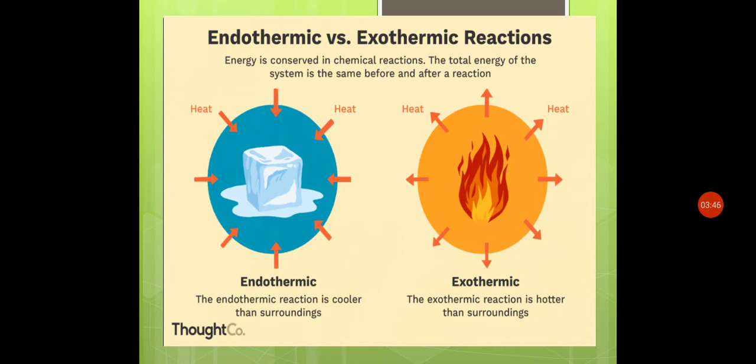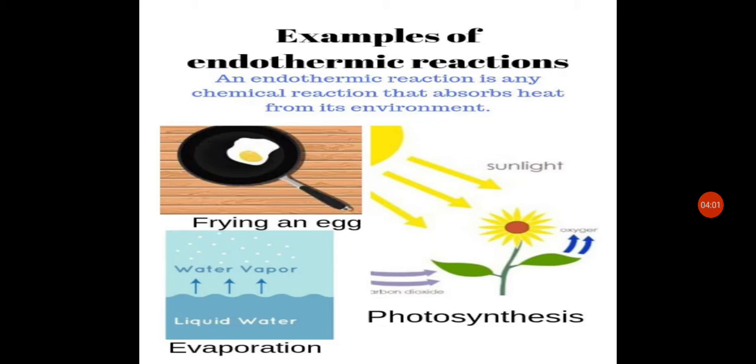Endothermic versus exothermic reactions. The endothermic reaction is cooler than its surroundings, while the exothermic reaction is hotter than its surroundings. Examples of endothermic reactions: frying an egg, evaporation, photosynthesis. An endothermic reaction is any chemical reaction that absorbs heat from its environment.